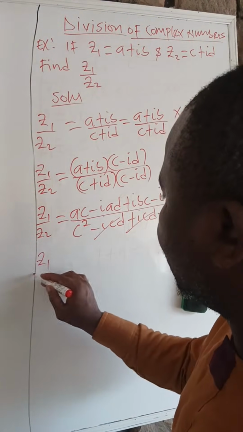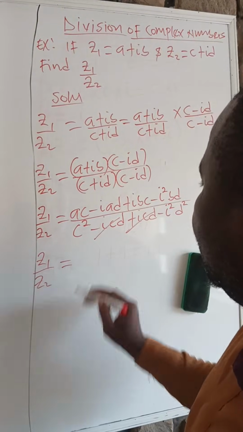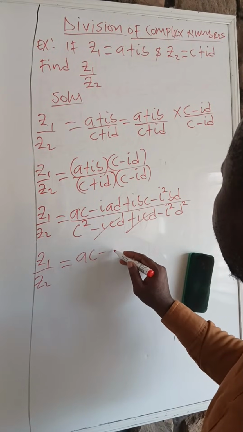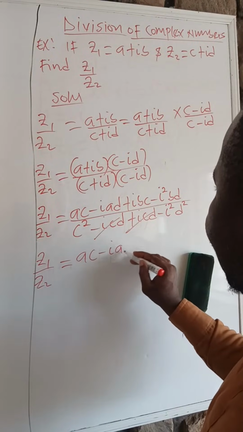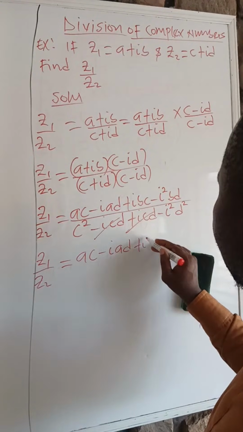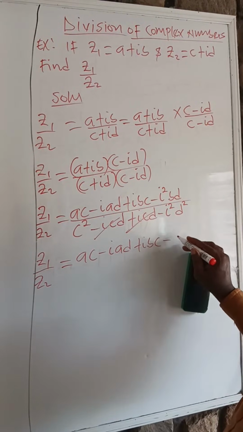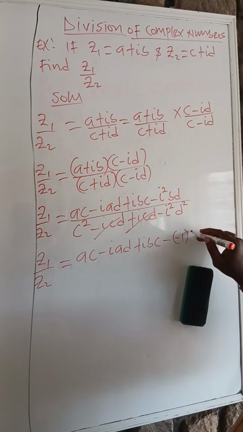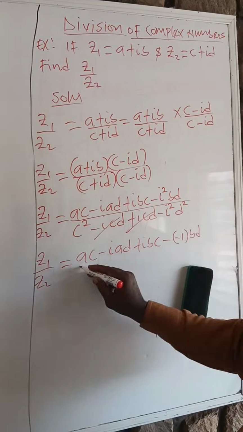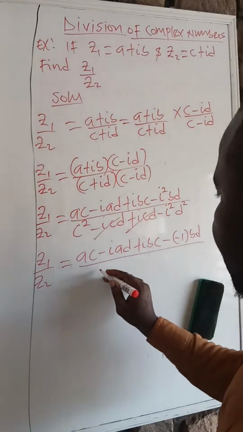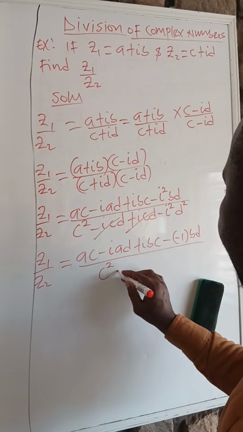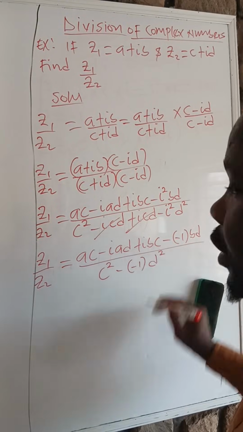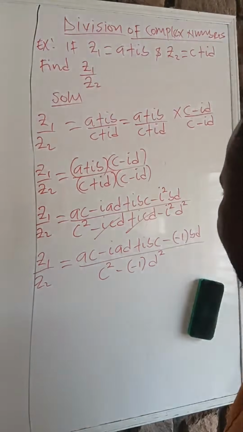So our Z1 over Z2 will now be equal to AC minus IAD plus IBC minus, open bracket, minus 1, because I squared is minus 1, times BD, all over C squared minus I squared, which is minus 1, times D squared. True or false? It's true, right?